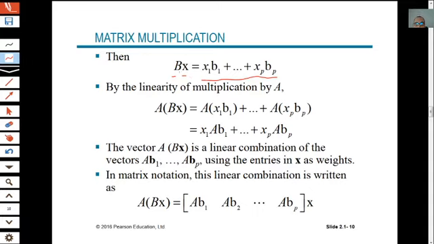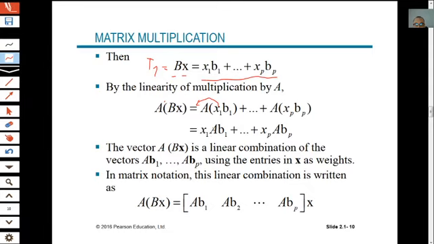Now consider the product of the matrix B and x, namely the first transformation T1. By the linearity of multiplication by A, we can distribute A over the addition: A times x1 b1, and so on, up to A times xp bp. So x1 can be written in front of the matrix A since it is a number.